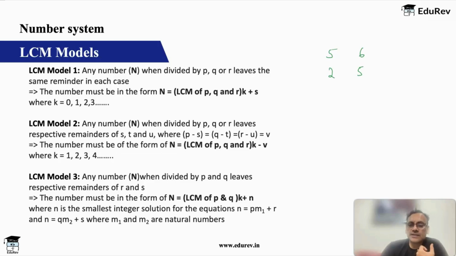Let's say these are my divisors, these are my remainders. Now you can see that your remainder is not same, divisor minus remainder is also not same, so there is no particular pattern. Okay, I have to find the dividend.